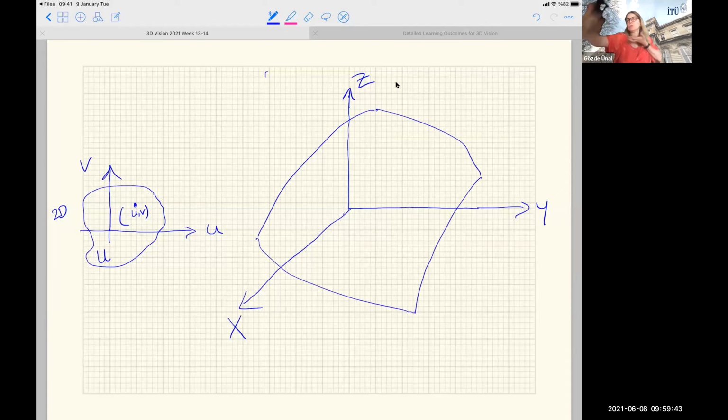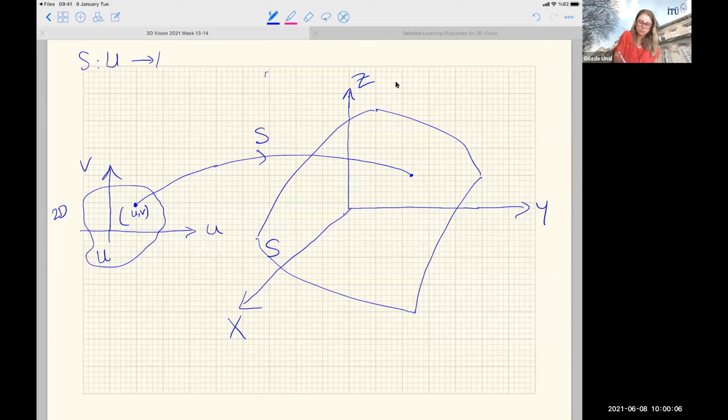S is a mapping from this UV to a point P here, let's say. So this is my S mapping, the one we defined. It's really like S is from this 2D U space or patch to R3.